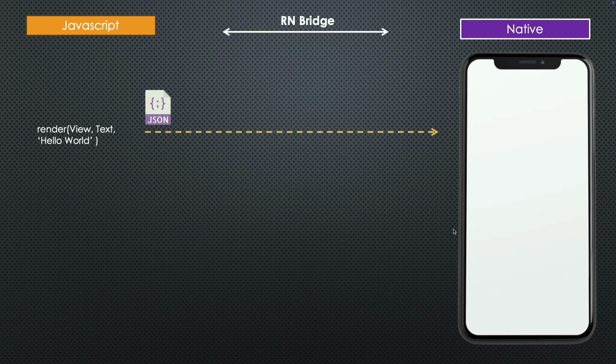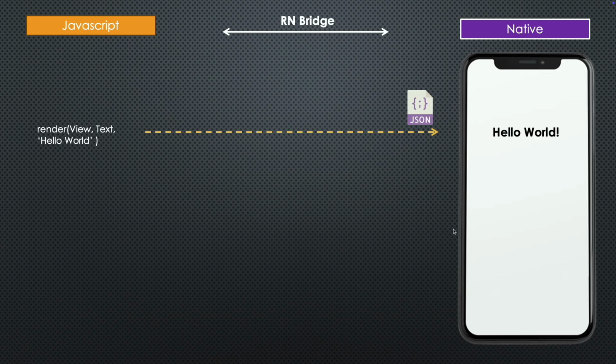Let's say, for example, JS would be like, hey, create a view, add a text component that says hello world. So the JS sends this message as serialized JSON across the bridge, and the native side receives this message, deserializes it, and renders the hello world with the native API.